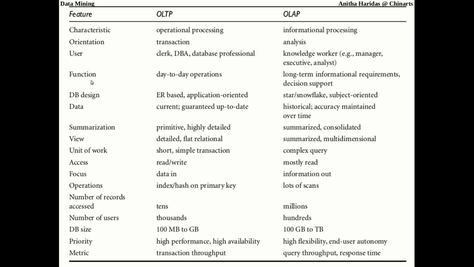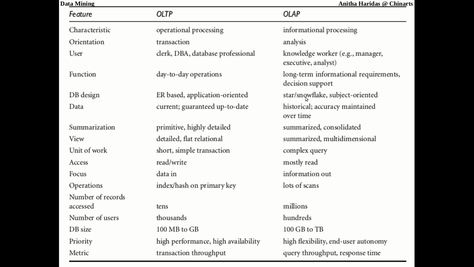Based on the function, OLTP handles day-to-day operations, whereas OLAP handles long-term informational requirements and is mainly used for decision support. And based on the database design, OLTP uses the ER model and is application oriented, whereas OLAP will be using the star schema or snowflake schema.